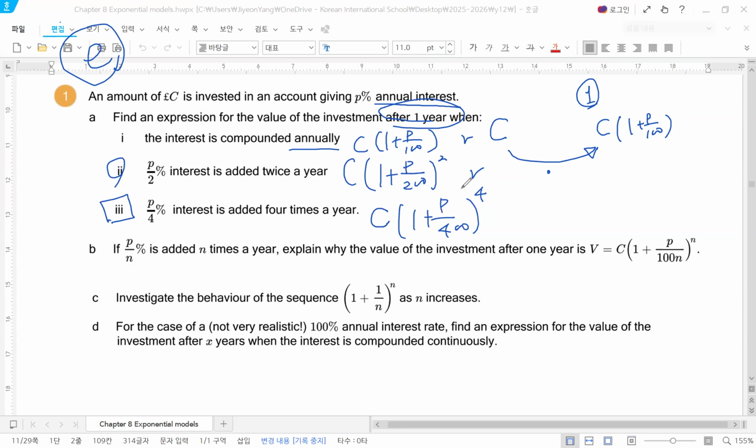Okay. Then guys, let's see question B. If P over N% is added N times a year, do you understand? So they are going to divide 1 year into how many times? N times. And then they are going to give the interest as P over N% each, right?